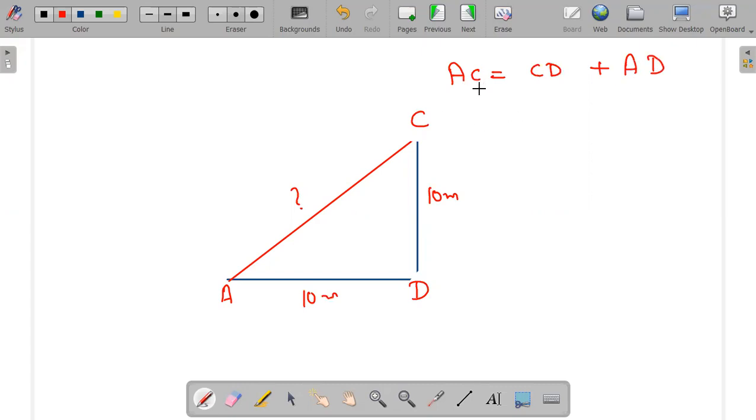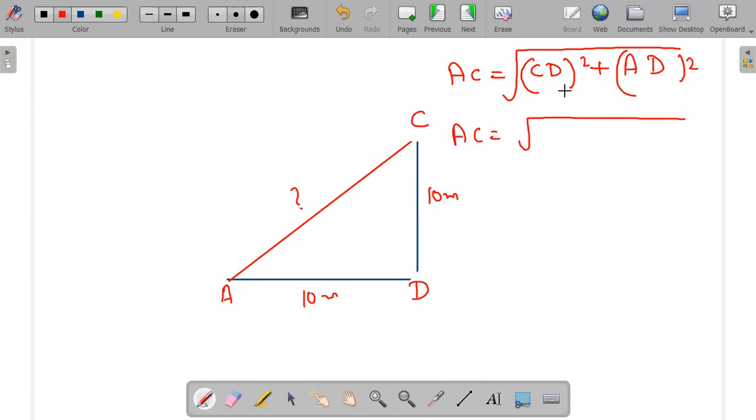That is the formula. AC is the hypotenuse, and what is the value of CD? That is 10 meters squared. And what is the value of AD? It is again 10 meters squared.